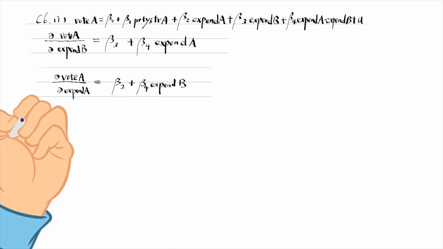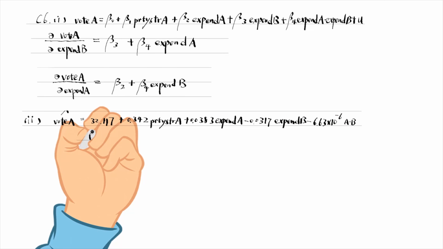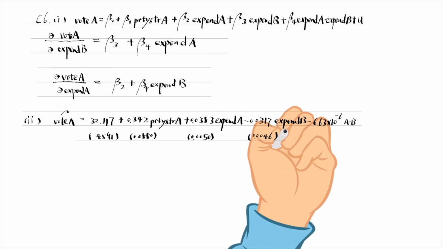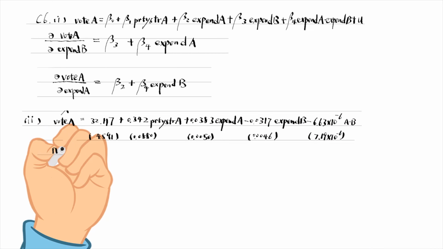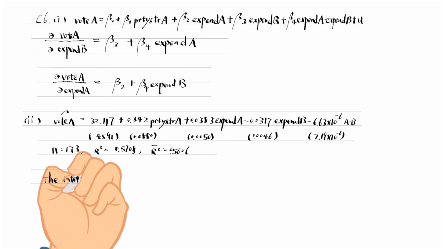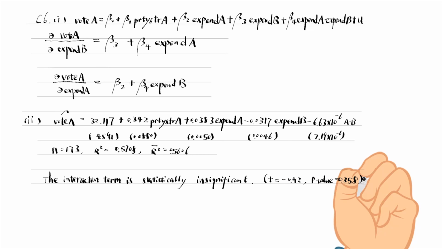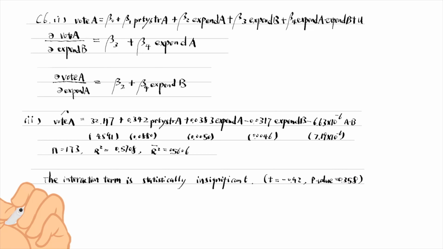We regress the model. The interaction term is statistically insignificant at any reasonable level. In part 3, the sample mean of expenditure A is $310.611 or $310,611.